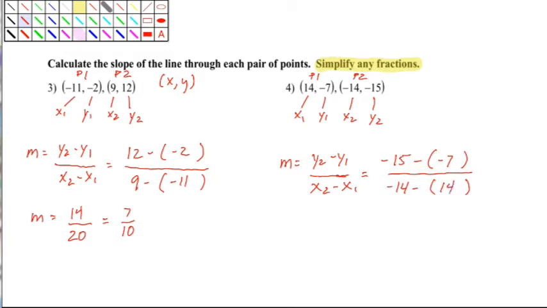So when we simplify this, we get the double negative for the numerator becomes minus 15 plus 7, which gives us minus 8. And our denominator is minus 14 minus 14. Don't think that that cancels out. That becomes minus 28. The negative divided by a negative is a positive, and I can also reduce that by dividing both top and bottom by 4. So this becomes 2/7.